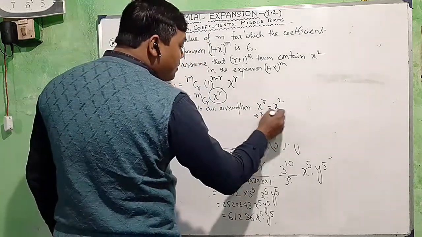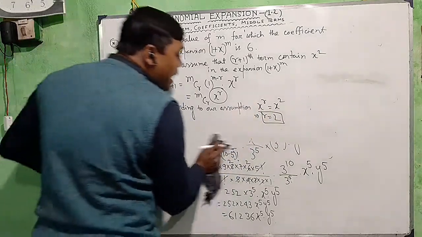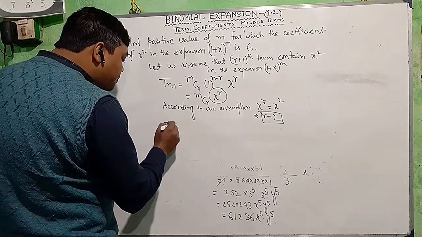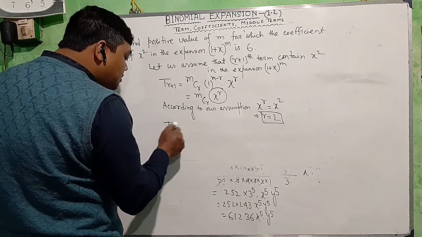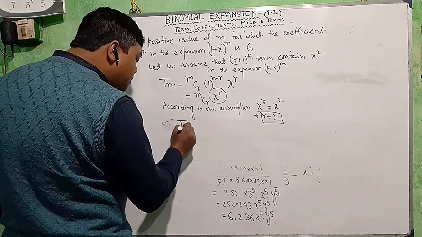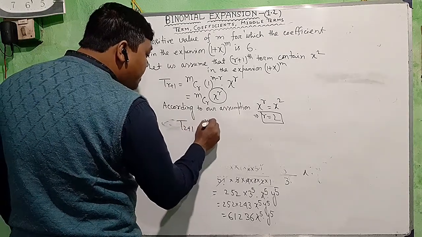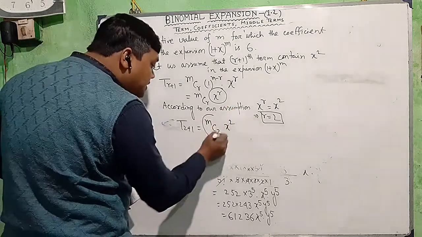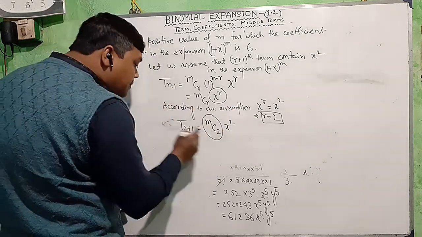So we have gotten the value of r. And what is the coefficient of x square? With r calculated, t 2 plus 1 equals m c 2 x square. So the coefficient of x square is m c 2.